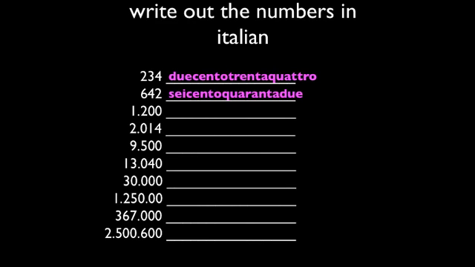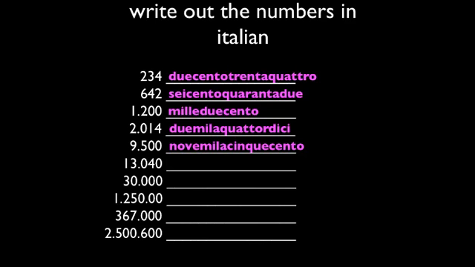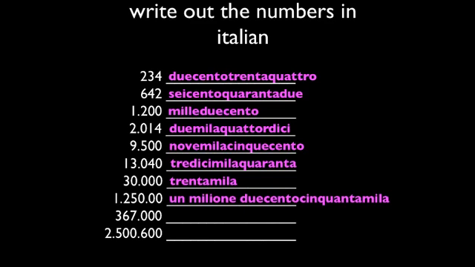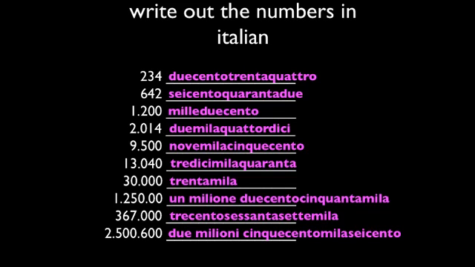Okay, the next one, 1200, followed by 2014, 9500, 13.040, 30.000, 1.250.000, 367.000, 2.500.600.